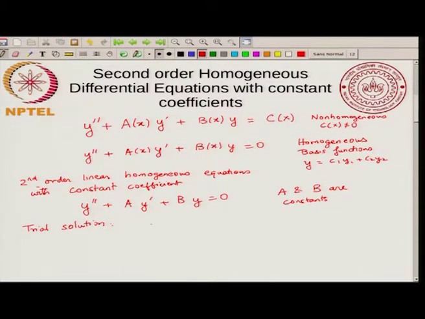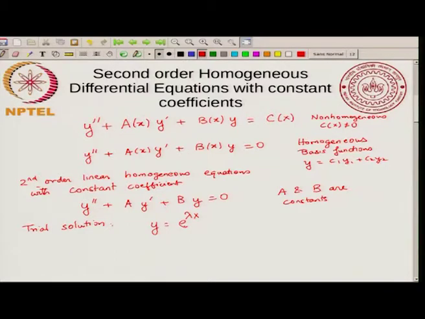So, you try a solution y equal to e raised to lambda x. I didn't put a constant before this, because you can put any constant and it will still be a solution. Since it is a homogeneous equation, I can always multiply it by a constant and get another solution, but I will just put y equal to e to the lambda x.